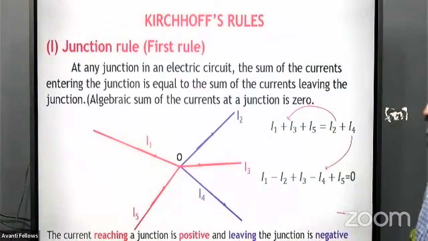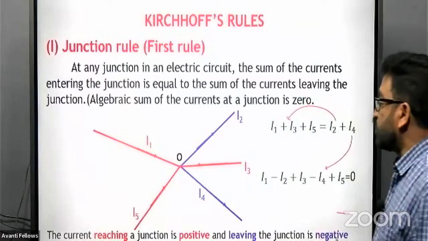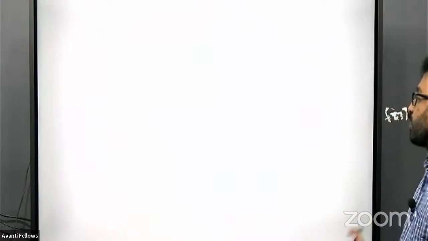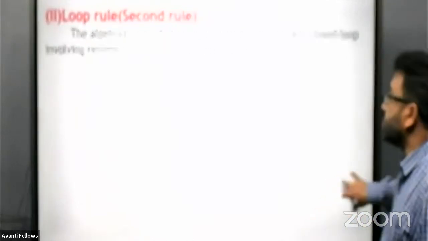Now, commonly the currents entering the junction, or currents reaching the junction, are taken as positive, and currents leaving the junction are taken as negative. So it is a common nomenclature. Now, the second one is the loop rule.